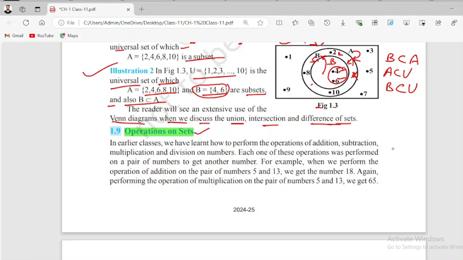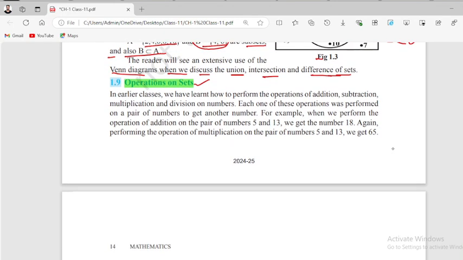This is the second heading for today. We have already learned about mathematical algebraic operations like addition, subtraction, multiplication and division. These operations we have already discussed in previous classes.